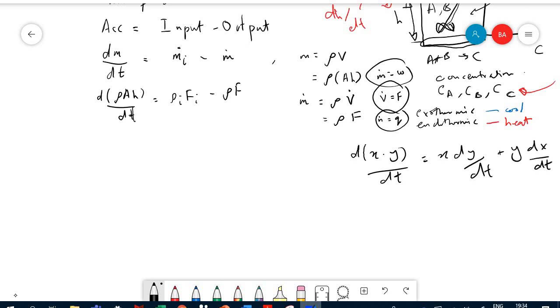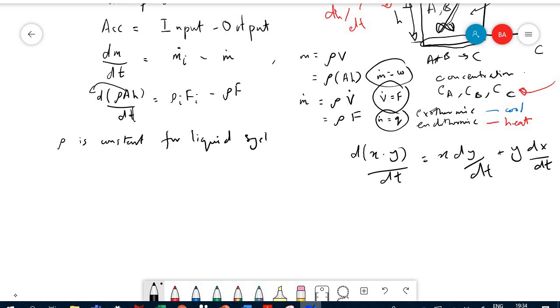That's the product rule. In this case, definitely A is constant, so we are going to get rid of that, and we're going to have rho into height. And I would say that it's a good assumption to say that density is constant for liquid systems.